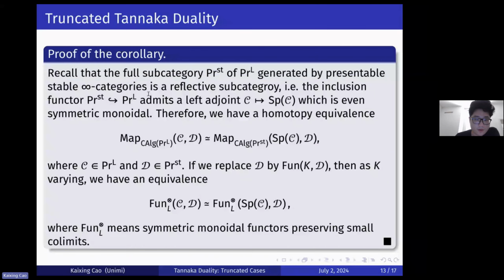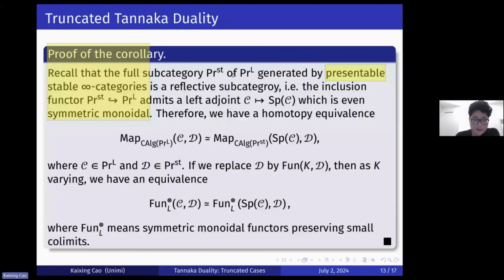So let's recall the stabilization of the presentable infinity categories. We use PrL to denote the infinity category of the presentable infinity categories whose functors preserve the colimits, and this is the full subcategory of this one generated by presentable stable infinity categories.